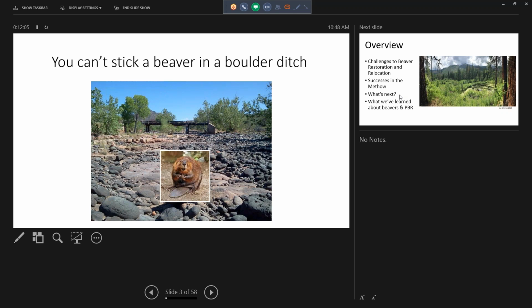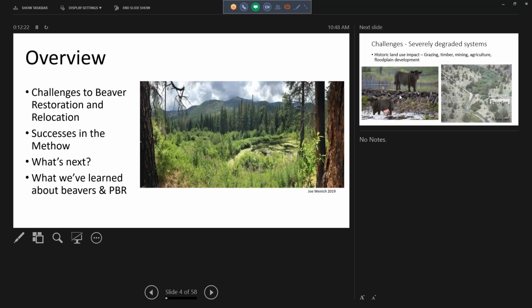I expect Cody and others that have had experience with beaver now too to chime in either during my presentation or during the question and answer portion, because there's no one right way to do this. There's lots of ways, and there's some wrong ways, and we've learned from that, and I want to share those with you. So an overview of what I'm going to talk about: challenges to beaver restoration and relocation, successes in the Methow, there's been a lot of them, what's next, and what we've learned about beavers and process-based restoration.